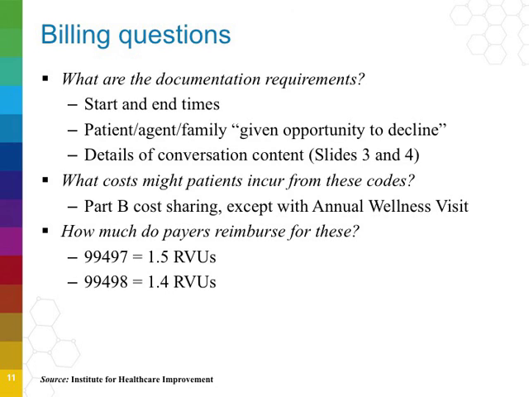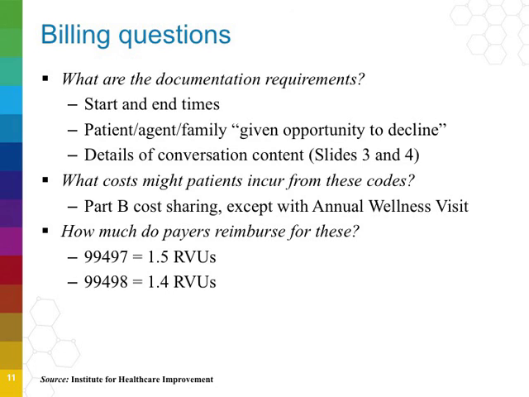What's the content of these conversations? Again, these are lengthier documentation issues, but the narrative here is going to be extremely important. And then also, too, consider this. There might be copays. As with Part B, under Medicare, there are copays for the patients that have to be considered. So there is some cost sharing, except with that annual wellness visit.